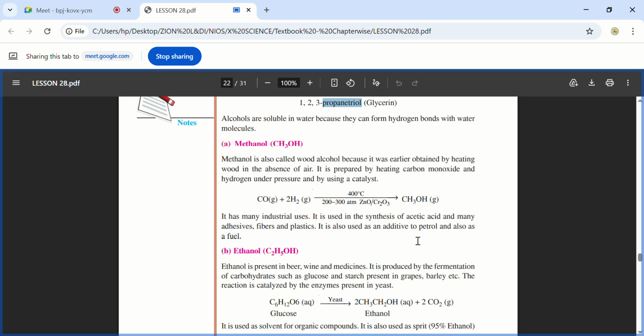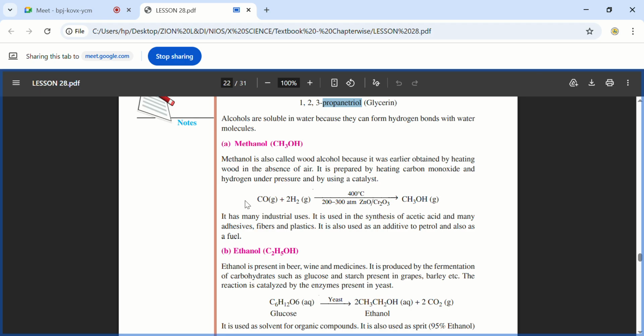CO gaseous plus 2H2 gaseous, heated at 400 degrees Celsius, gives CH3OH gaseous. It has many industrial uses. It is used in the synthesis of acetic acid and many adhesives, fibers, and plastics. It is also used as an additive to petrol and also as a fuel.